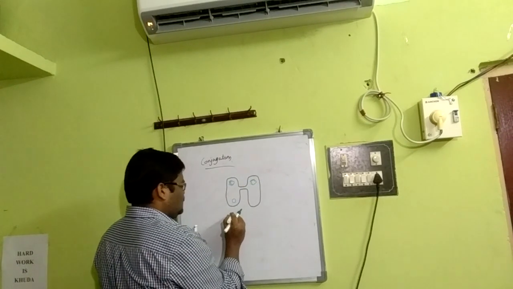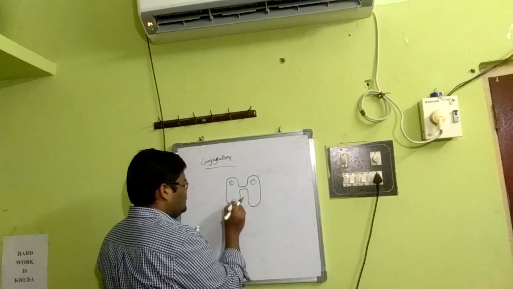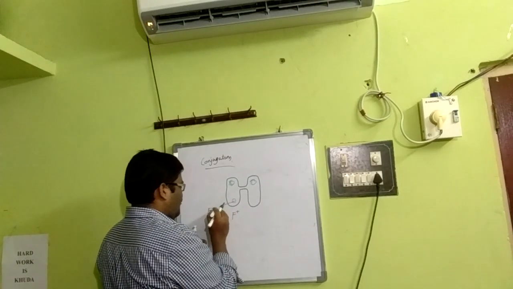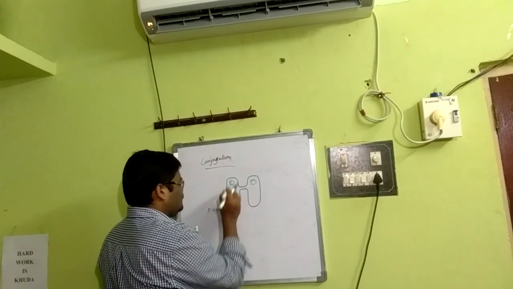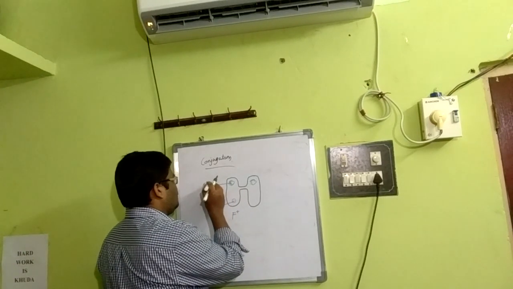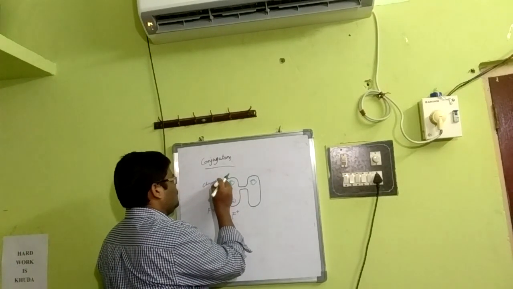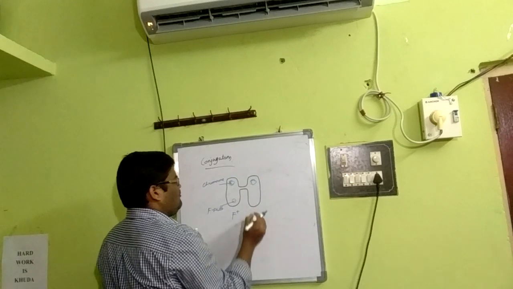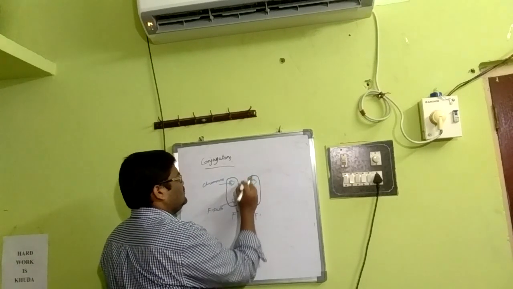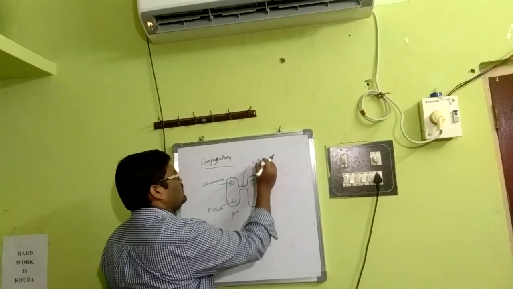Okay, this is F plus. This is the F factor. This is the normal chromosome. This is F minus, and this is the cytoplasmic bridge.